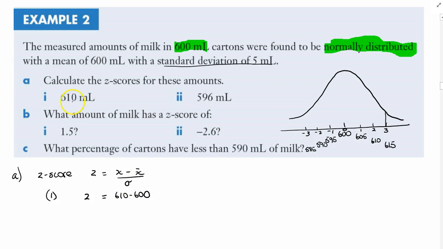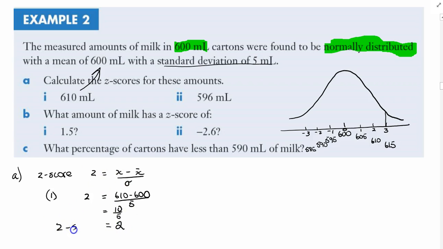What do you know about 610? It's more than the average. It's above the average. If you're above the mean, you'll have a positive Z-score. And I can see when I do 610, take away 600, it's a positive number. All over 5. So it is a difference of +10 over 5, which gives me 2.